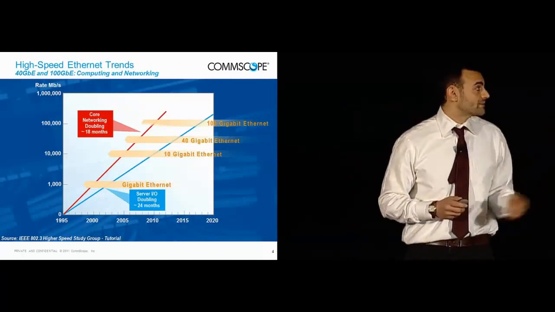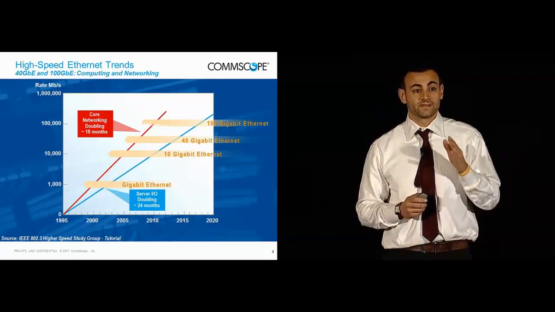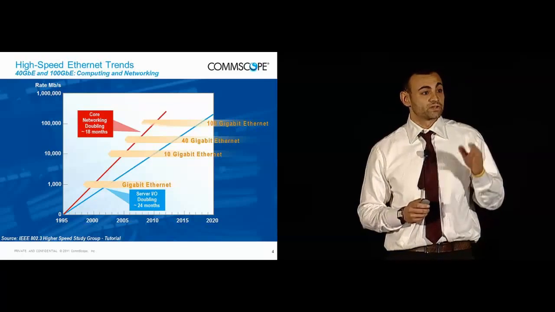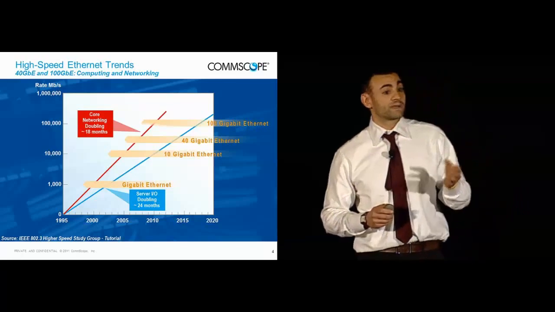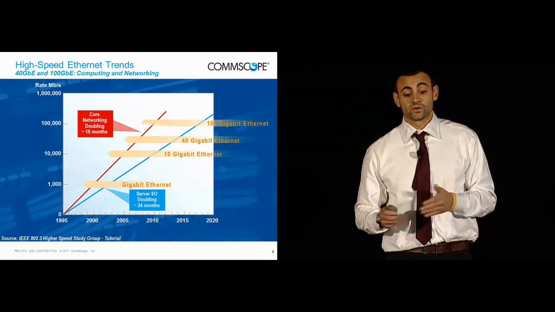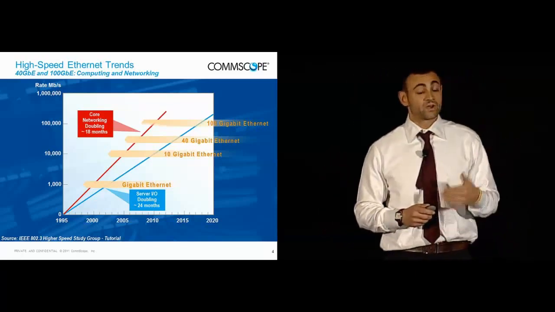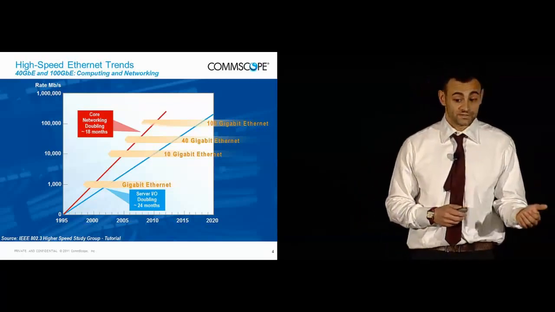This slide's a great data point because it really shows the rate at which your core networking equipment is growing as compared to your access or server networking equipment. So server access is doubling every 24 months, and core is growing at a slightly faster rate, every 18 months.